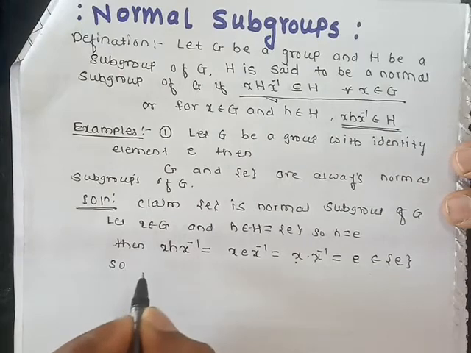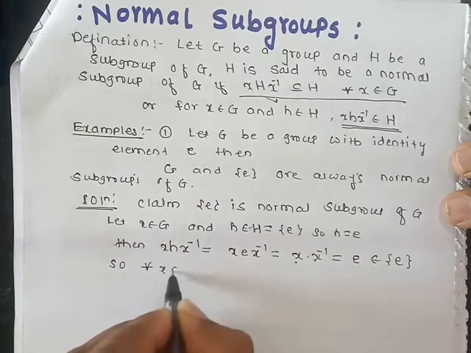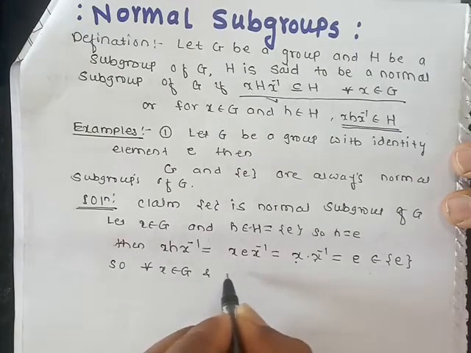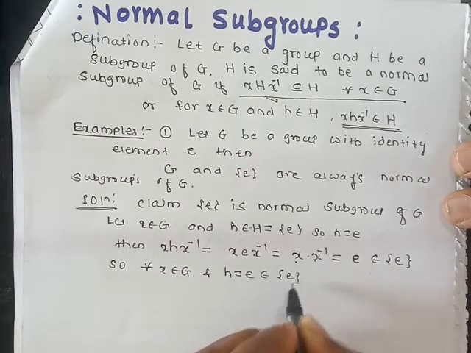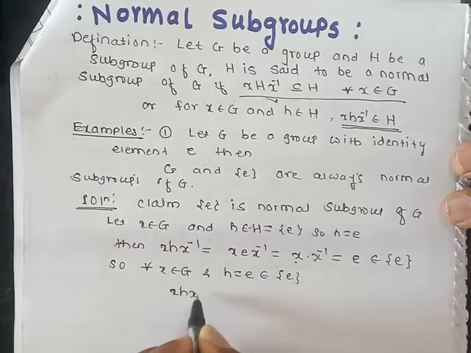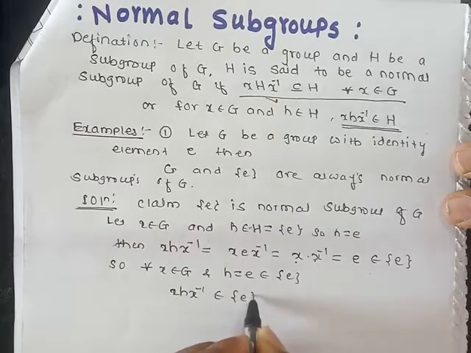So for all x belongs to G and h equal to e belongs to singleton {e}, x h x inverse belongs to singleton {e}.